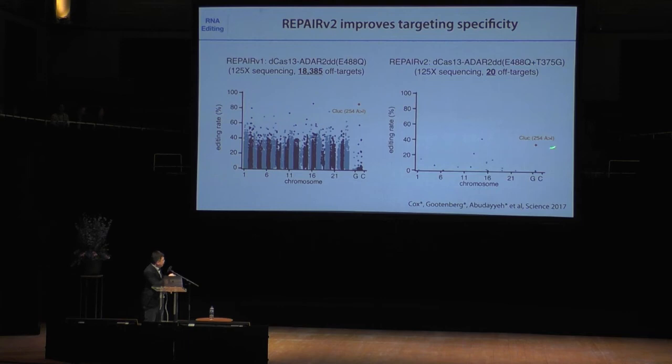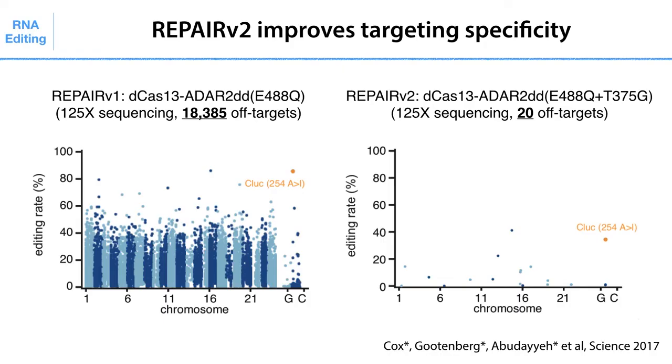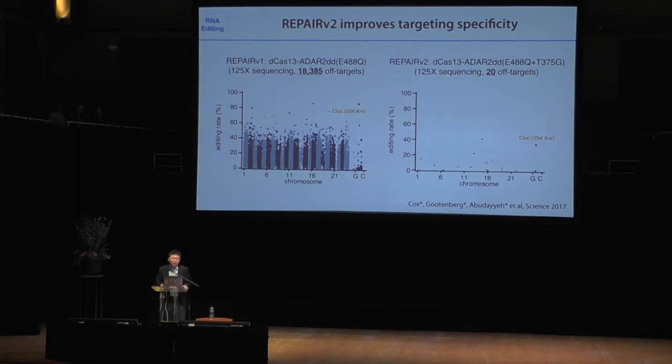So now we get the desired change and very few unwanted modifications in the cell. And in fact, now most of these mutations, they don't really have a functional change to those specific transcripts. So this is part of what we're trying to do, to develop this into a system to be able to deliver into the body to be able to treat specific disease-causing mutations.